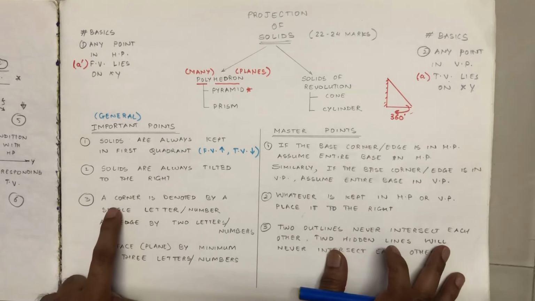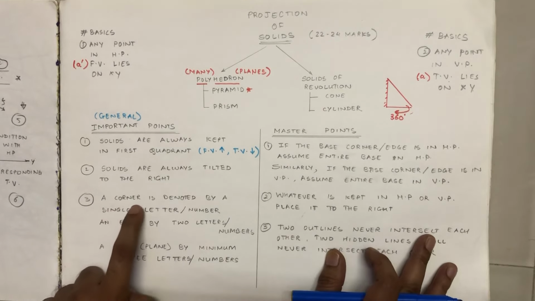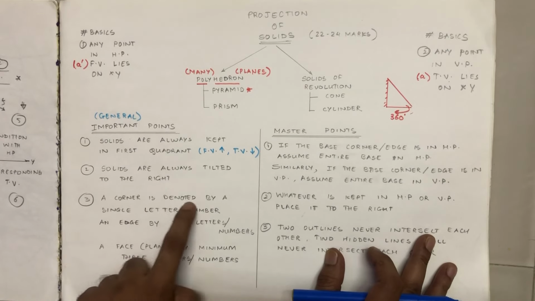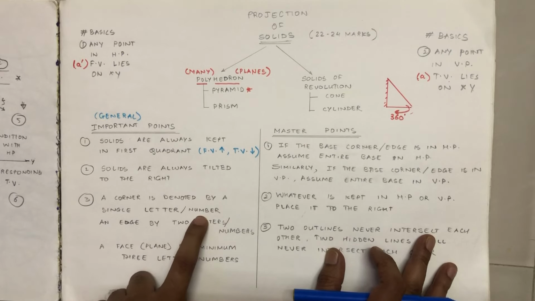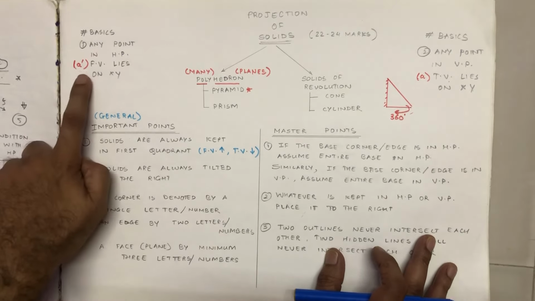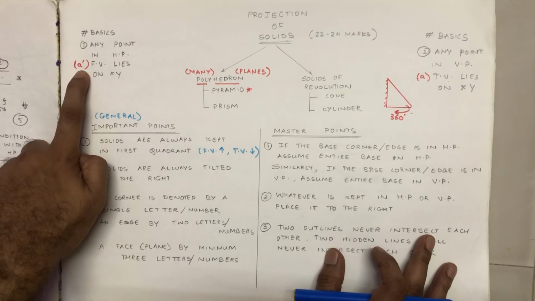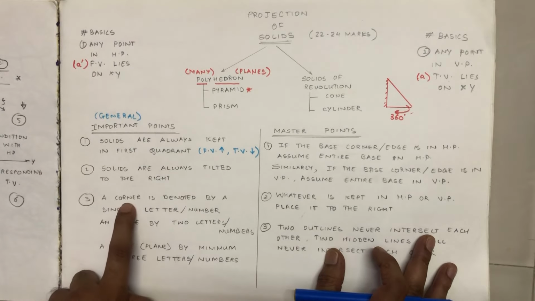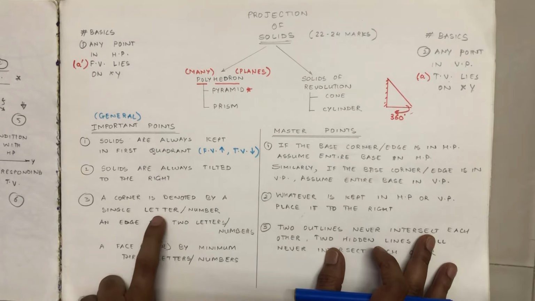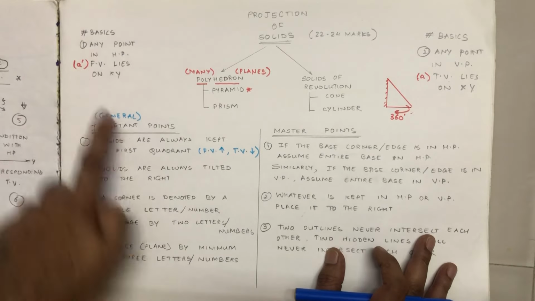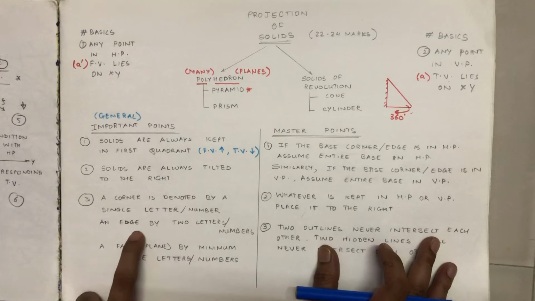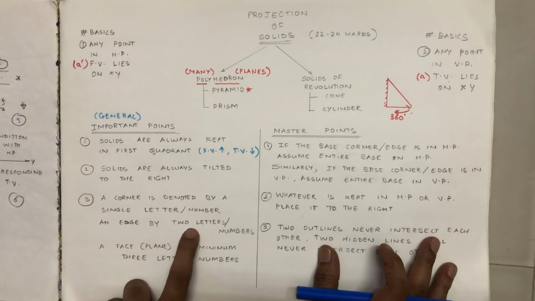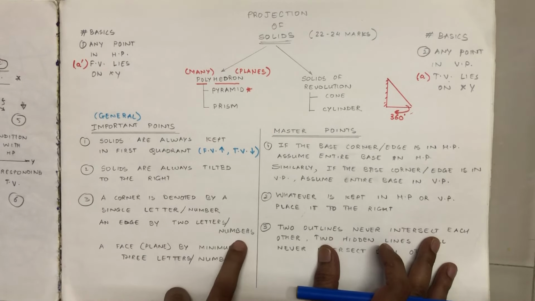I'll come to this when we actually solve a problem. Let us talk about this. A corner is nothing but a point, remember. A corner is denoted by a single letter or a single number. For example, if in our problem we have a dash, it would mean that it is simply a corner. An edge is denoted by two letters or two numbers.